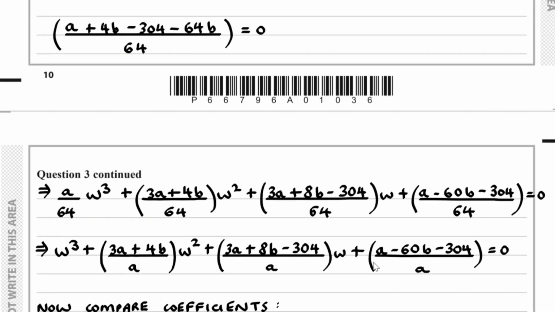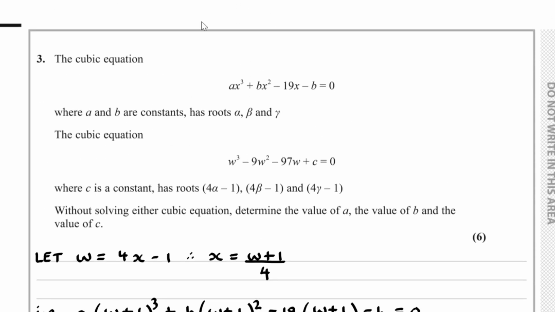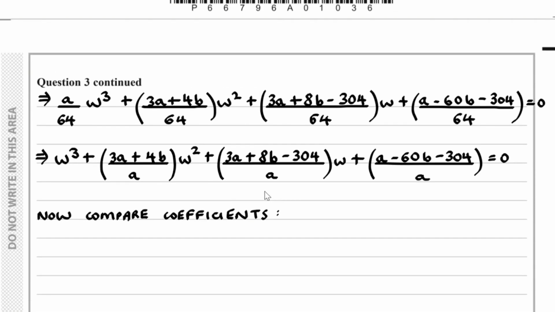If we now compare coefficients, well, in terms of the w squareds, we have minus 9 of them, and in terms of what we have here, we've got 3a plus 4b over a of them.